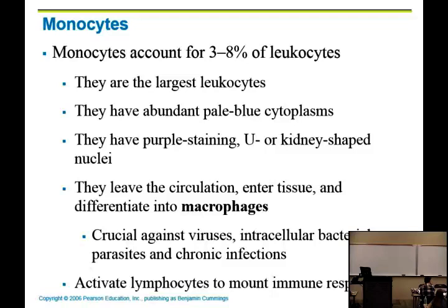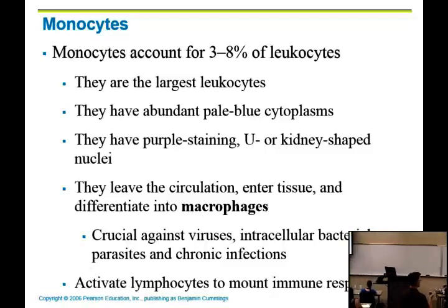Again, macro just means big, phage, to eat. So these ones are going to be eating bigger things. So for instance, things like virus-infected cells, as well as intracellular bacterial parasites, so different other types of parasites besides worms. So it's a bigger phagocyte that can handle bigger cells, like your own cells that have viruses inside of them. Okay?